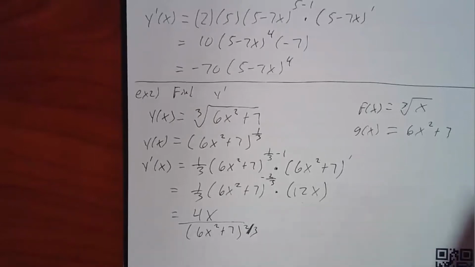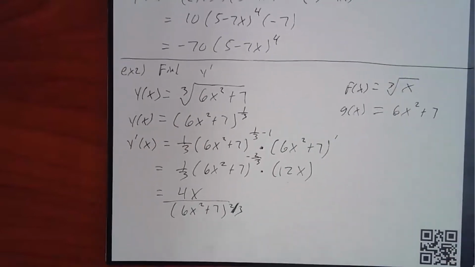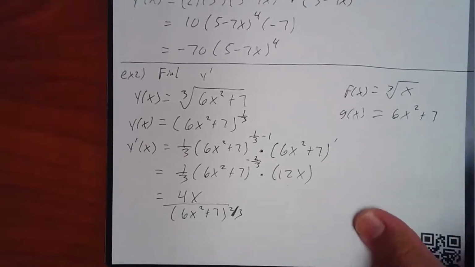I'm not saying I'm going to give you stuff like that, but it can happen. So make sure you understand when you see a specific scenario, you know which rules to apply. Okay. So on the next example, it's going to be a product, but during the product, you're going to have a chain.